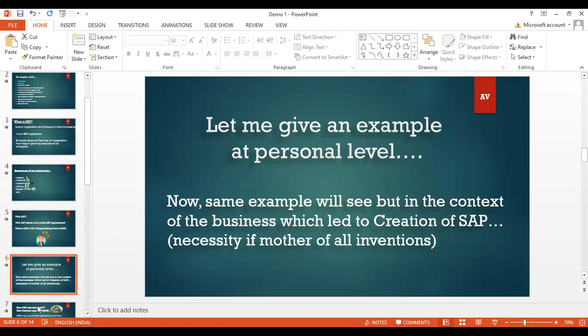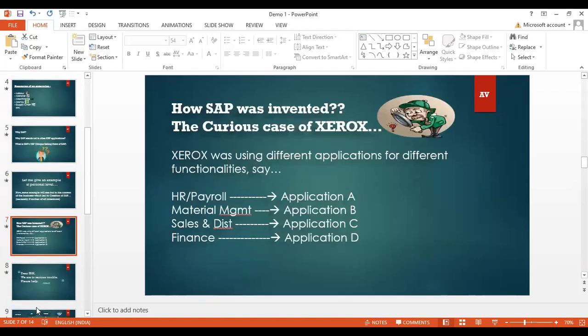There was a company called Xerox, and Xerox was doing good. But Xerox was having different applications for different functionalities. As we just saw in our previous slide, the resources of an enterprise are many.